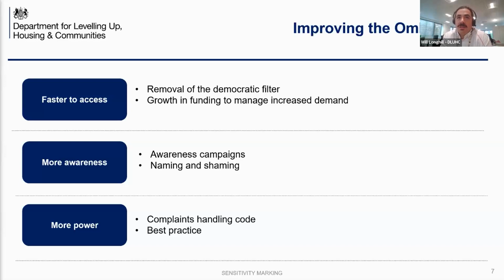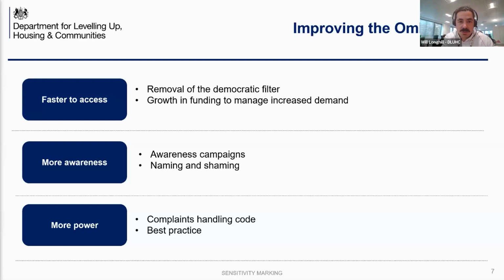And so as part of that, and as part of the broader push that the department is doing on improving regulation and access to justice for residents, there are quite a few things we've been doing to try and get people a better experience with the Ombudsman and make sure it's as effective as possible. Firstly, we want to make it faster to access.